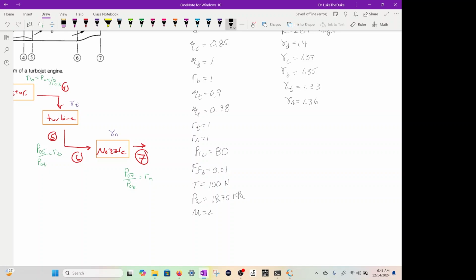The Mach number is 2. Ambient temperature 216.7 Kelvin. We have a heating value of 45,000 kilojoules per kilogram. And then we have the exit pressure is equal to the atmospheric pressure.